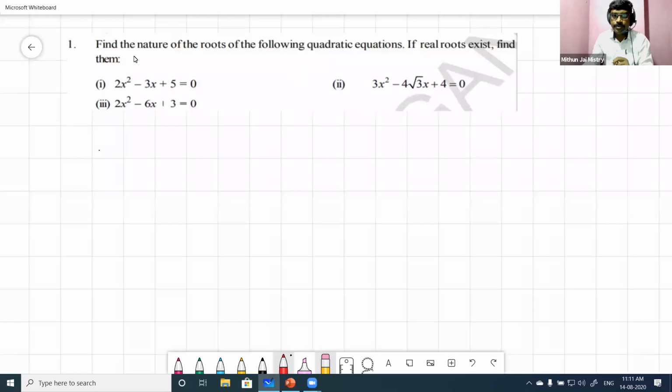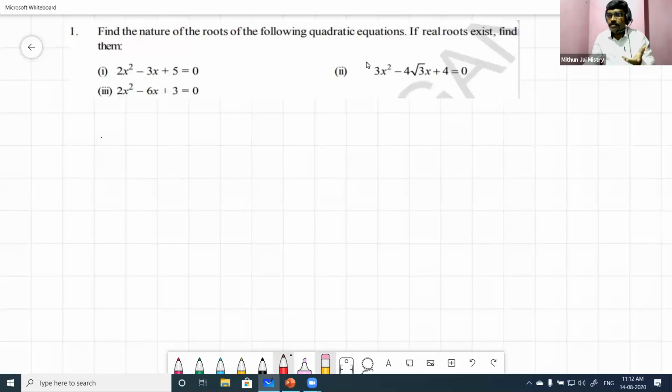Two things. First, you have to find the nature of the roots, and if the discriminant is greater than 0 or equal to 0, then they will have real roots, and you have to find them also. And if the discriminant is less than 0, that is the roots are imaginary, that is not real, then you need not find the roots. I hope you understood. So let me go with the first solution.